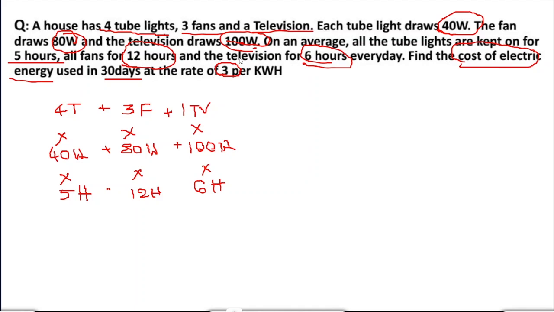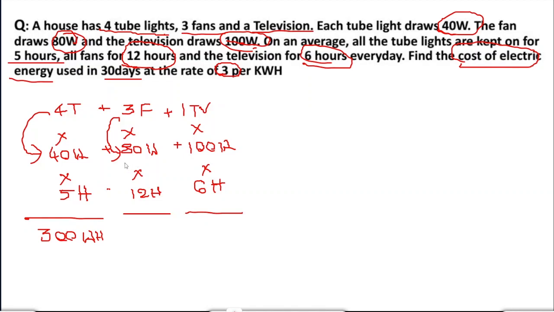So for that, we need to find how each device is using the power. Here first 4 into 40, it is 160 into 5, that is nothing but 800 watt hours. Okay, and here 3 into 80, so 240 into 12.